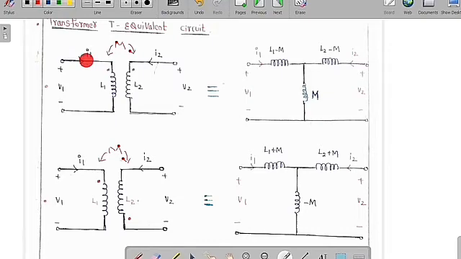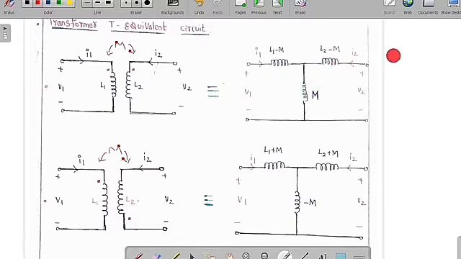Here I am going to assume the current is entering, and here also the current is entering. If both are entering, we can say the overall voltage is going to get increased. If you apply KVL in the first loop and also the second loop, then we can draw the equivalent circuit like this, which is L1 minus M, L2 minus M and M here.